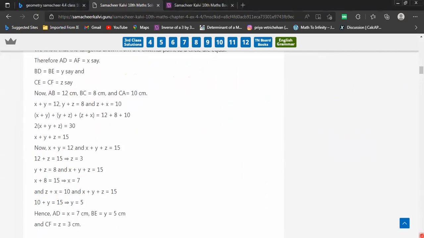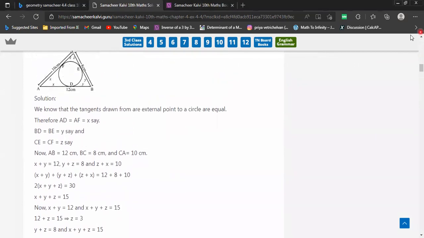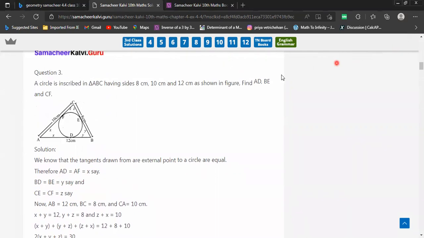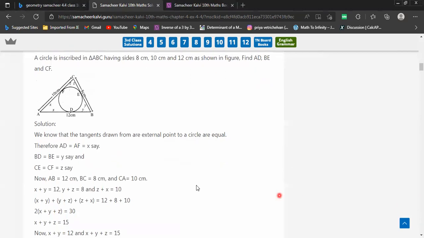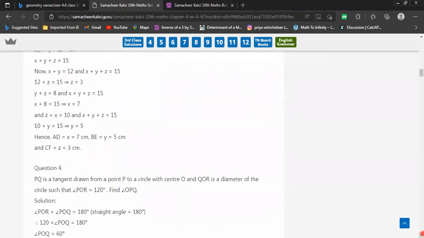It's just a simple algebra elimination method. So you'll be able to find the value of x, y, z. And it's really simple. We already know x is AD, y is BE, and z is CF. So that's our aim. That's what we are going to find from this question. That's it. Can you follow this? Yeah.